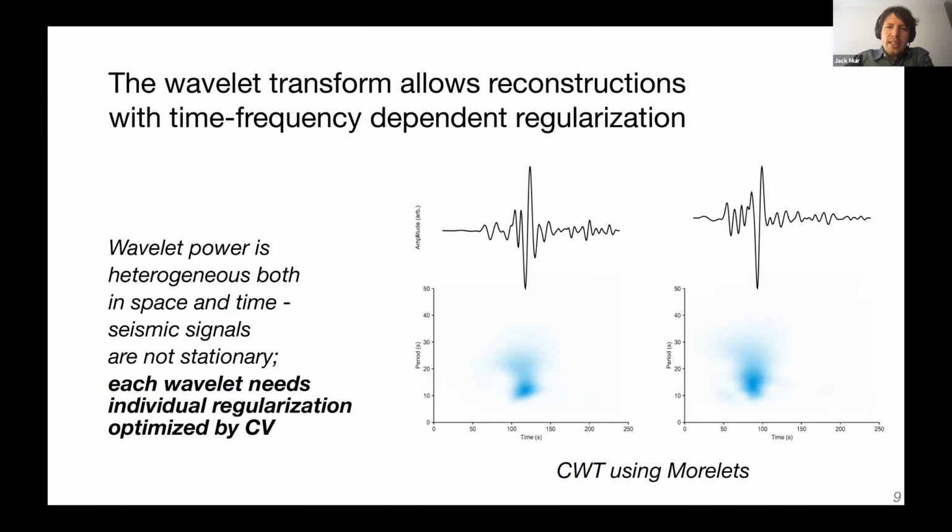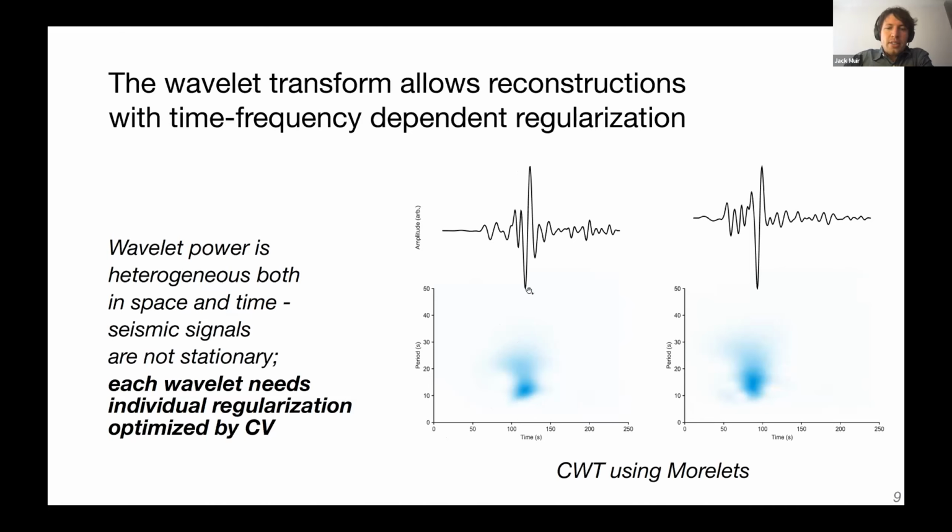So to go into the second two steps in slightly more detail, the reason why we perform the wavelet transform is essentially to allow time frequency dependent regularization of the curvelet step. Wavelet power, which is represented here, is heterogeneous in both space and time. So if you take any slice through the y-axis or through the x-axis, you can see that it's not constant along either one of those slices.